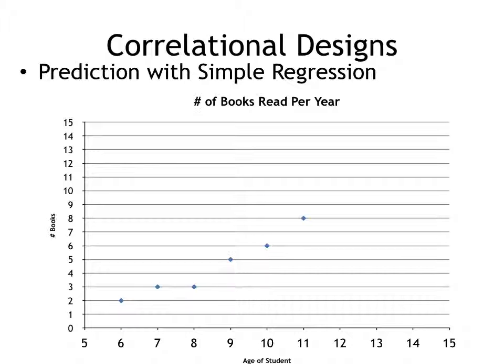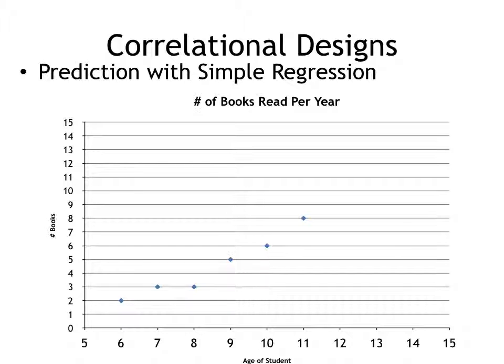But I took the average, and what this graph shows is that on average, 6-year-olds read 2 books each year. 7-year-olds read 3, 8-year-olds read 3, 9-year-olds read 5, 10-year-olds read 6 books a year, and so on. And I looked at then the average number of books that these age groups of kids read.